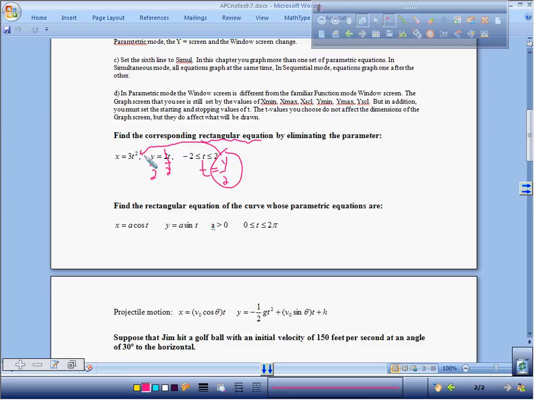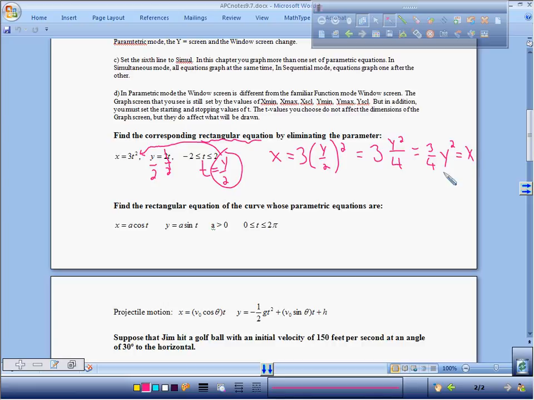That gives me x equals 3 times y over 2 squared, which is 3 times y squared over 4, which is exactly the same as writing 3/4 y squared equals x.